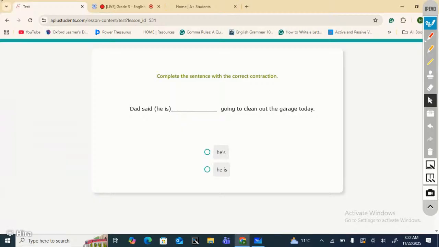Okay, look at option one. Yes, it is correct. Option one, the short form of he is, the contraction of he is, is he's. Good job.